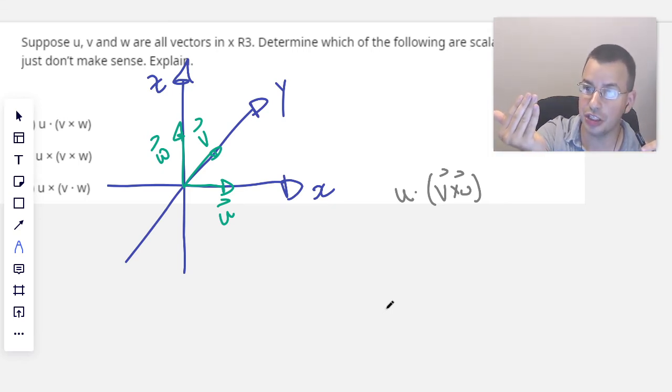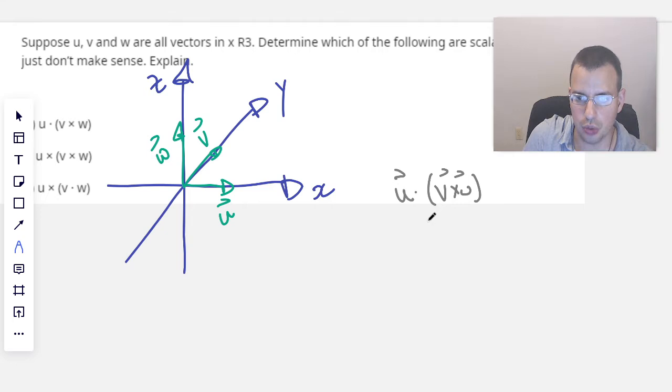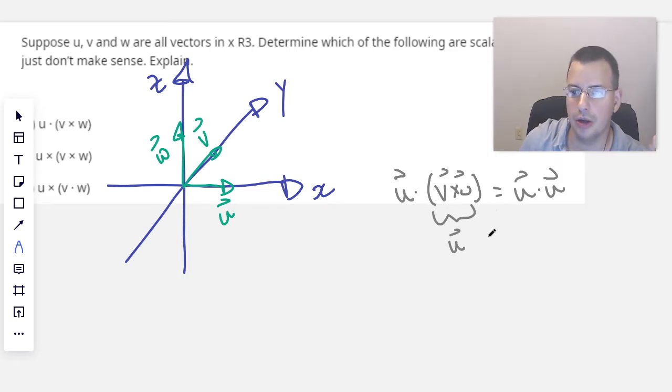You bend your fingers in the direction of the second vector, in this case w, and your thumb is going to point in the direction of the resultant vector. So v cross w is going to give us u. So, or y cross z will give us x. And so this is going to be the same as u dot u.